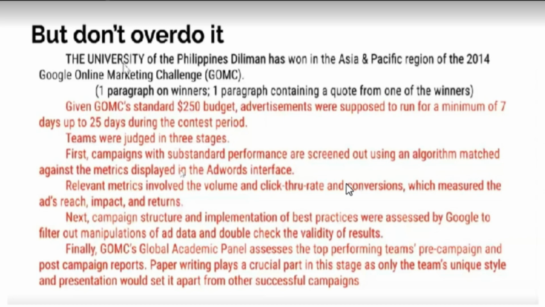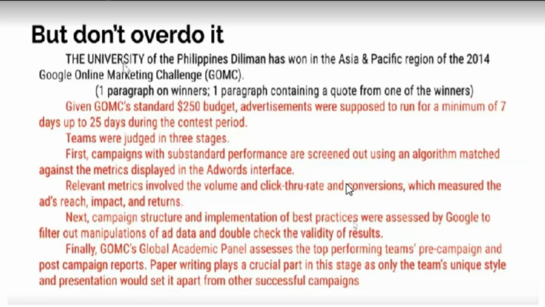The University of the Philippines Diliman has won in the Asian Pacific region of the 2013 Google Online Marketing Challenge. And then may isang paragraph sa winners, isang paragraph containing a quote from one of the winners. And then yung nangyari, karamihan na sa paragraphs niya, this is 1, 2, 3, 4, 5, 6, 6 paragraphs na ang tungkol sa background information. Nawala na yung essence ng article kasi na-overdo mo yung pagsusulat ng background.